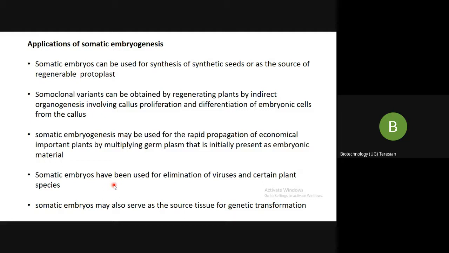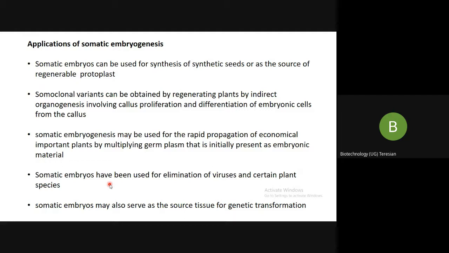So now you have identified a plant which is not having seeds or has very few seeds. You will retrieve that plant and try to grow it by using what? This technique, somatic embryogenesis, you can use and grow them. Then you can micropropagate them and you can get so many seedless plants.